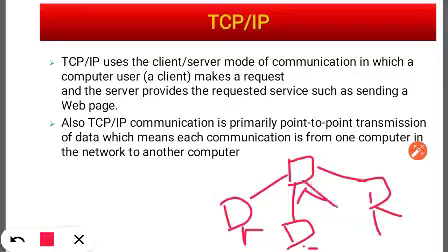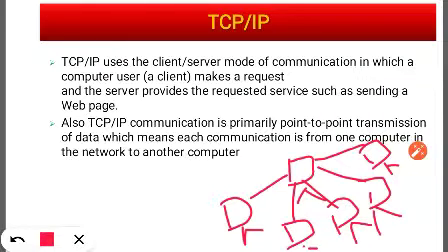That server acts as a hub in between, and the rest of the connected devices act as clients. So this is client-server mode. Whenever a computer, that is a client, makes a request, the server provides the requested service, such as sending a web page.